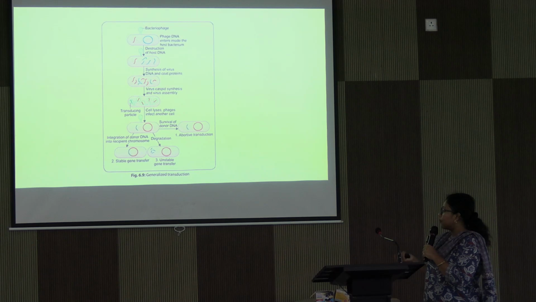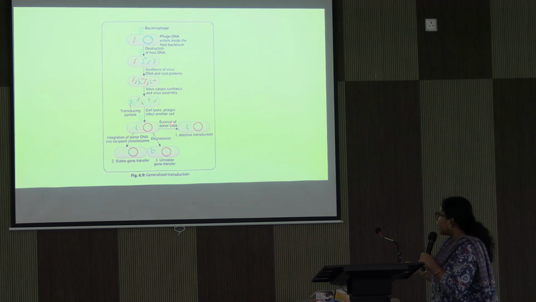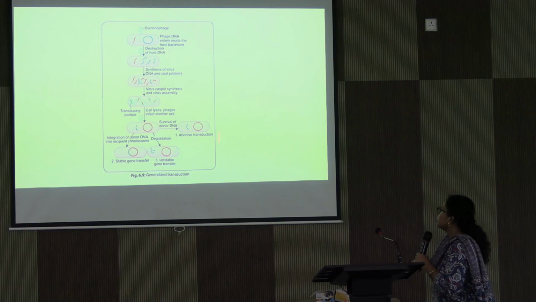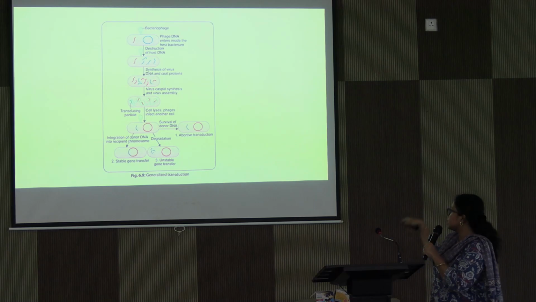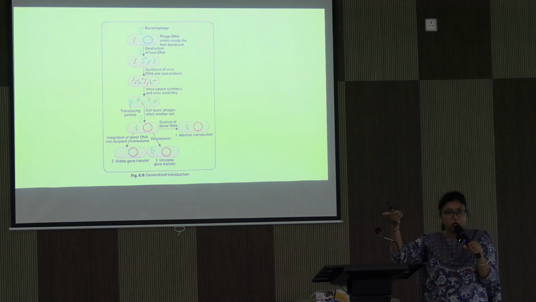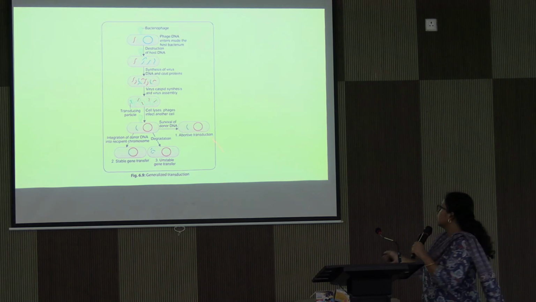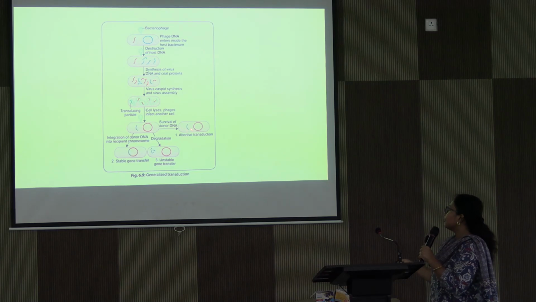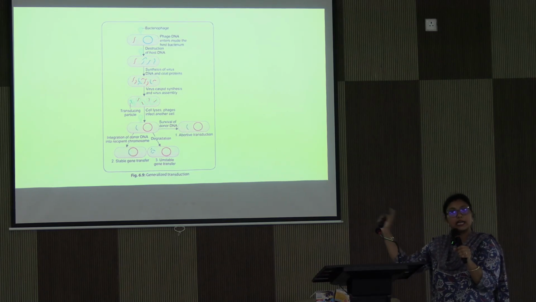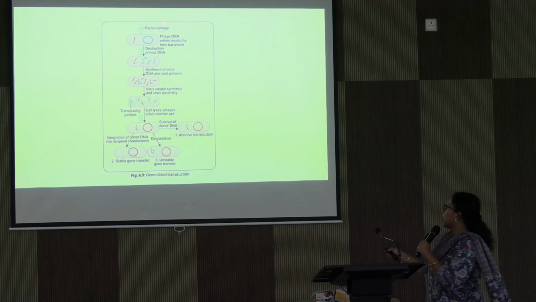So three things can happen. Either there is survival of the donor DNA. So when this phage is infects another bacterium, three things can happen. What is the fate of transduction? Either this donor DNA can remain separate outside the chromosome.